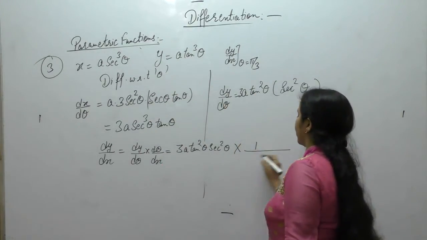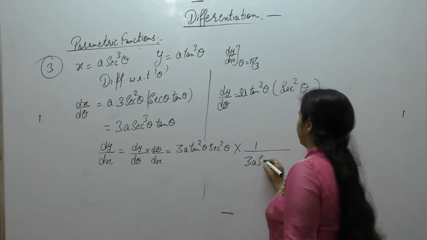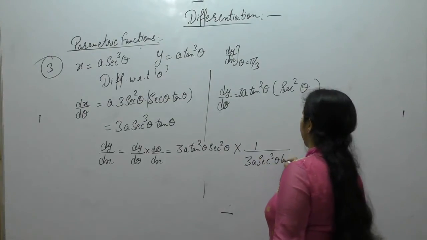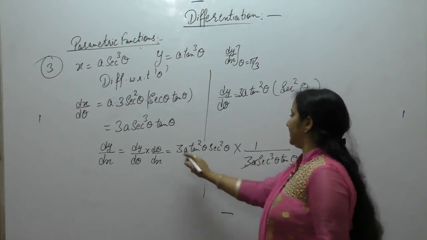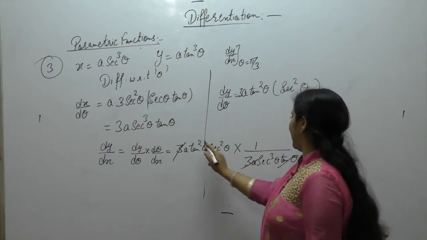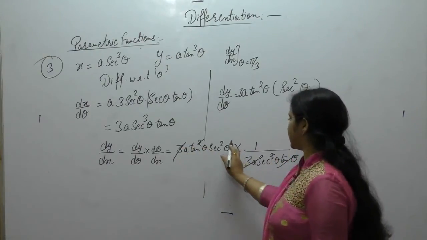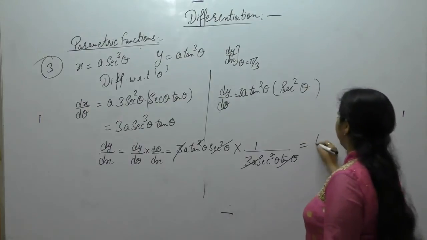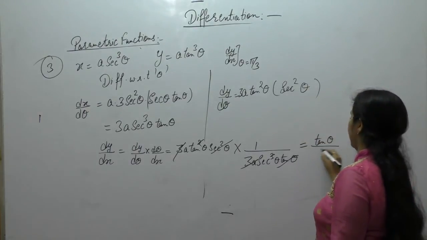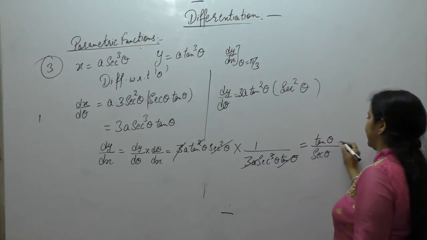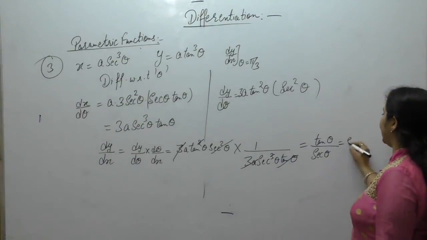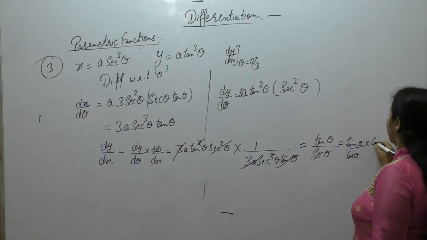Reverse this term. 1 upon 3a sec cube and tan. 3a will get cancelled. 1 tan will get cancelled and sec square will get cancelled. So here we are left with tan theta upon sec theta. We can write tan as sine upon cos and sec as 1 upon cos.